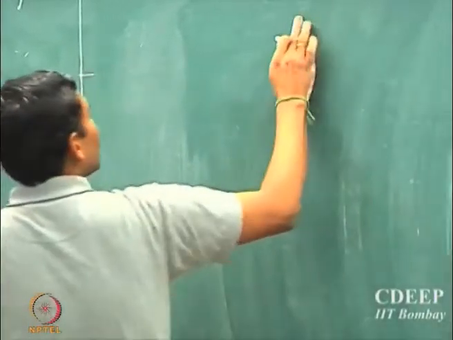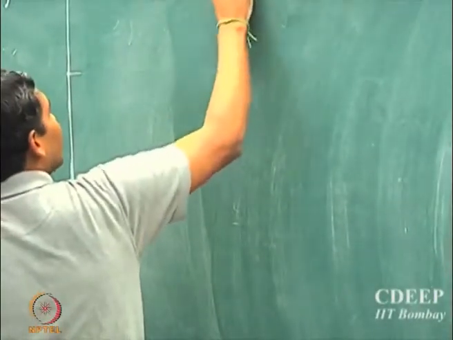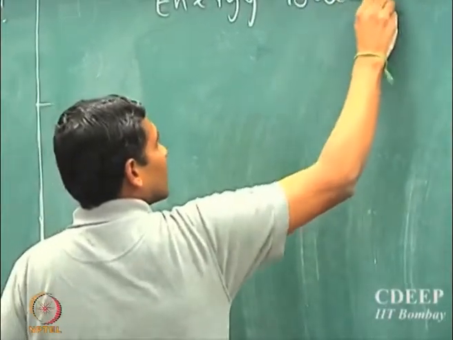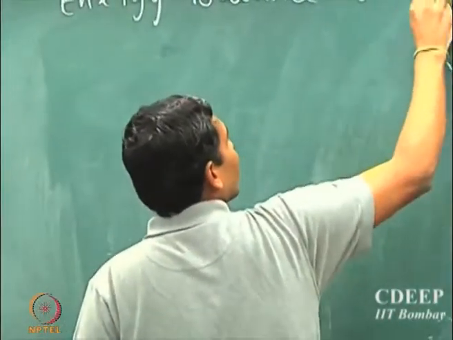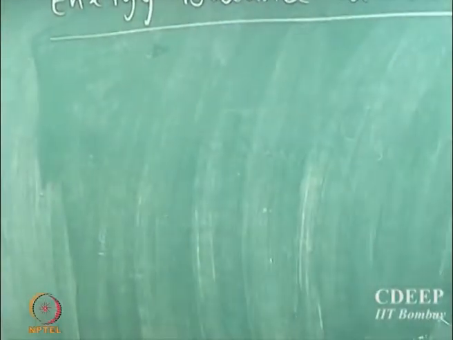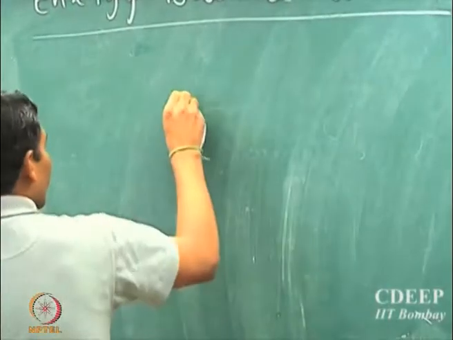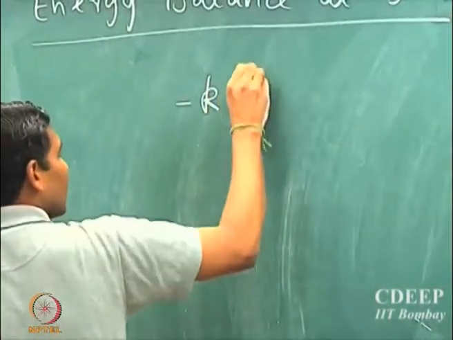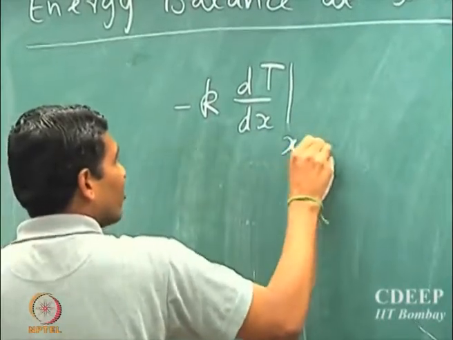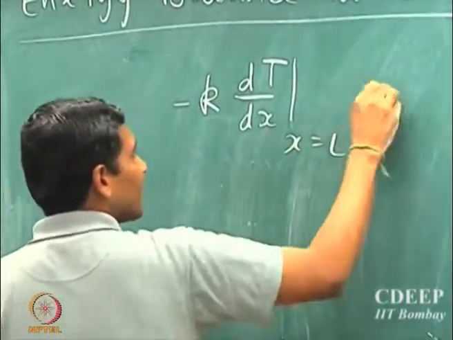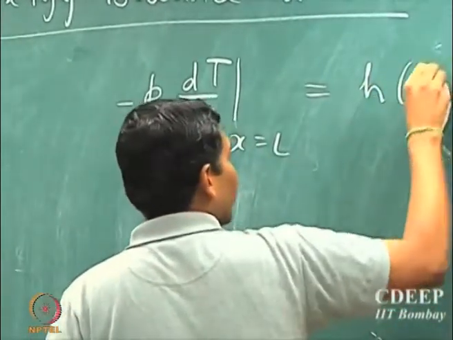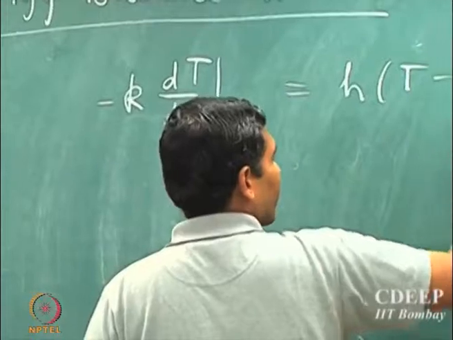So what I need to do is write an energy balance at x equal to L. That's what I need to do. Okay. So minus k dT by dx at x equal to L should be equal to the amount of heat that is transported because of convection, right?